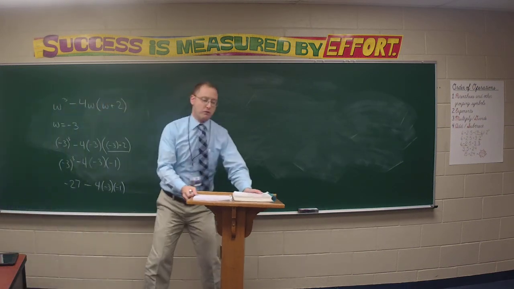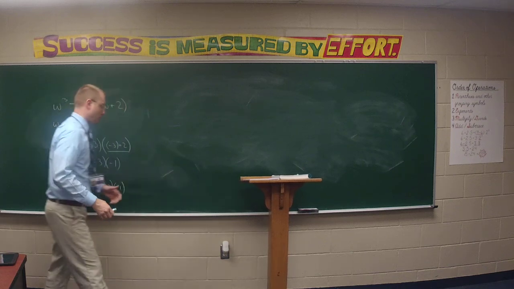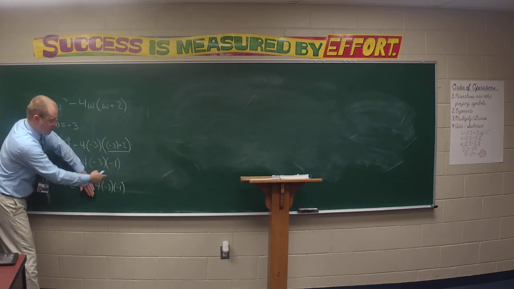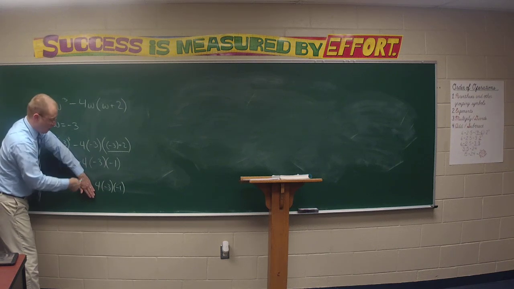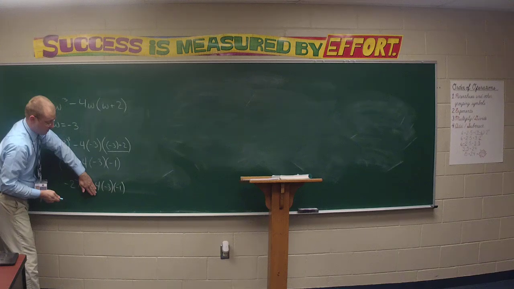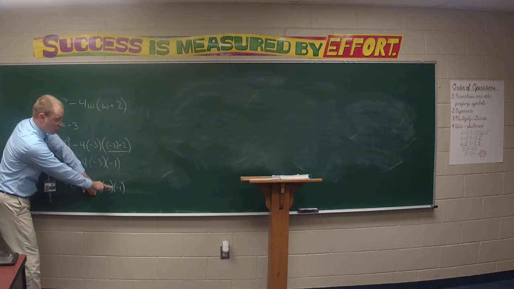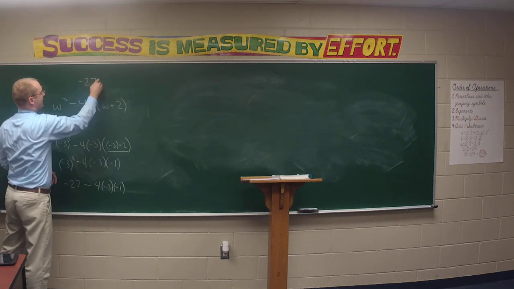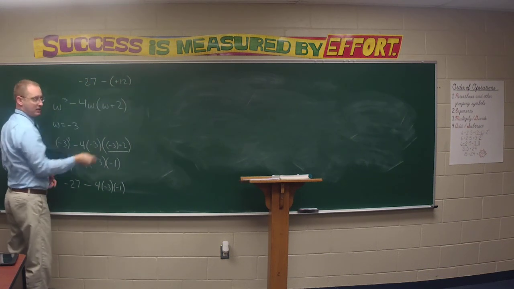Technically, a couple ways you could view this, just as a quick refresher from your Algebra 1 days. You could think of this as a minus, in which case it's these three things being multiplied. What is 4 times -3 times -1, class? +12. Because there are two negatives, you multiply to get +12, in which case you would say -27 minus a +12.